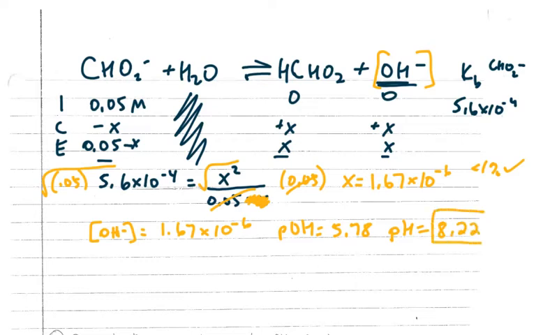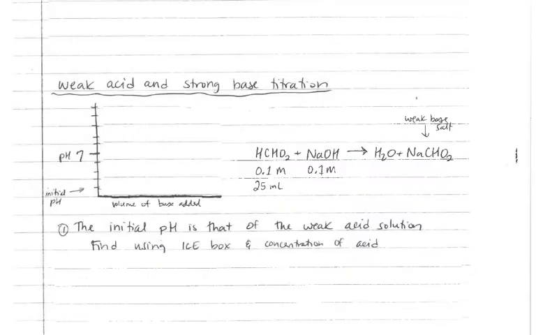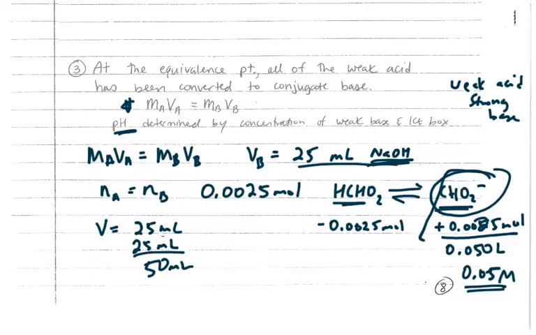So the pH at the equivalence point, in this case, here's the buffer region, here's the equivalence point, the pH is going to be 8.22. So at the equivalence point, the pH is greater than 7 for a weak acid titrated with a strong base.